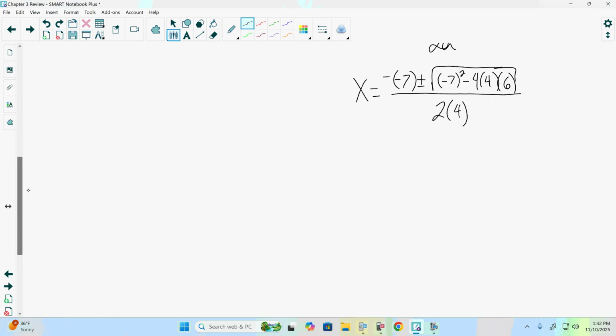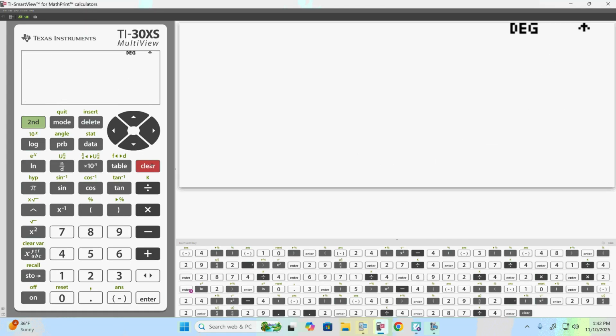After we get it plugged in, we need to start simplifying down. Negative 7 is just going to be positive 7. On bottom, 2 times 4 is 8. Now at this point, we can plug everything inside the radical into the calculator. I would not plug the radical, but I would plug everything that's inside the radical into the calculator.